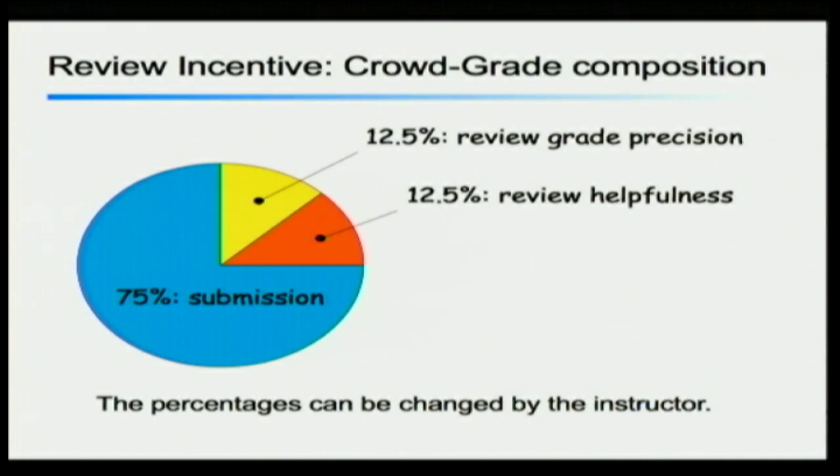And you get some of the points because when I do a review, the recipient of the review can give me feedback that goes from -2, which means essentially you are an idiot, or you didn't understand anything, to +2, that means, yeah, thank you, it was really helpful. And so this human feedback plus the precision that is computed automatically, obviously, go towards your review grade. And this is a big enough percentage that actually students do it.